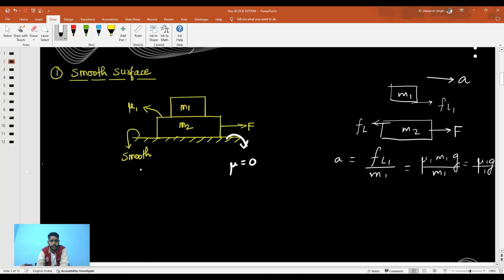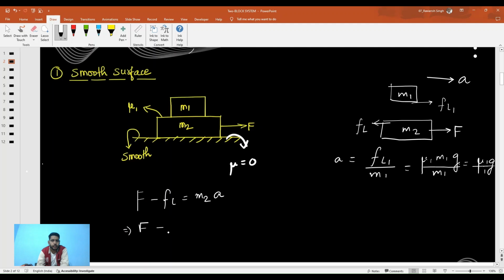Okay? So this particular acceleration will be on the block of mass m2 also. So what we can write is F minus FL is equal to m2 into a, where F is the force on the block.